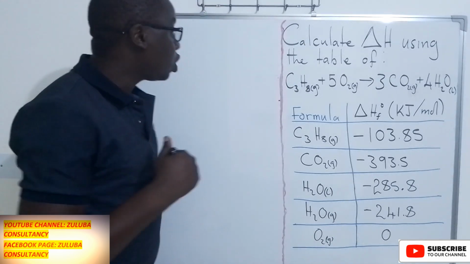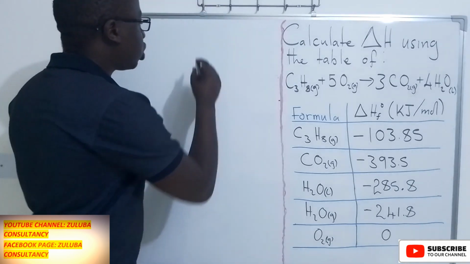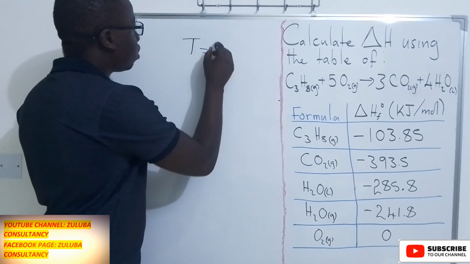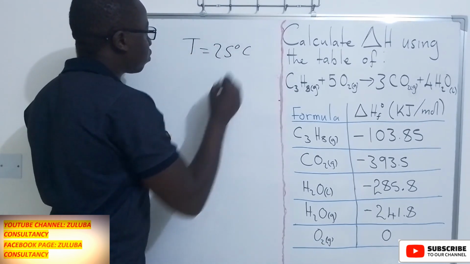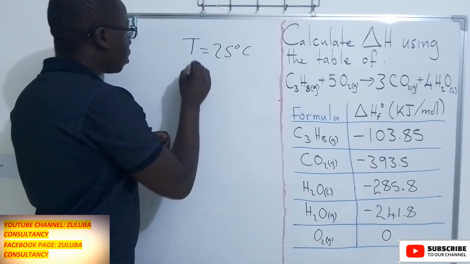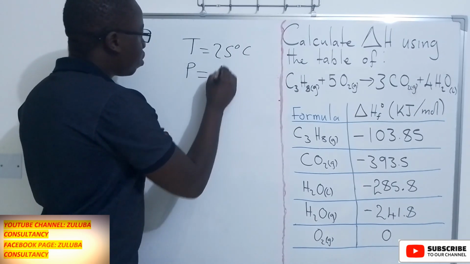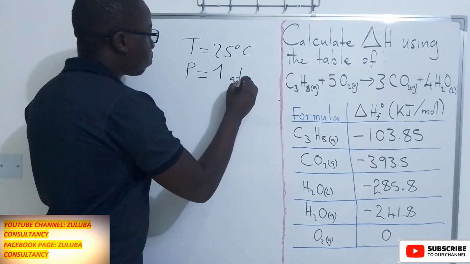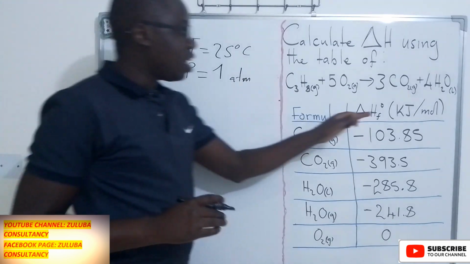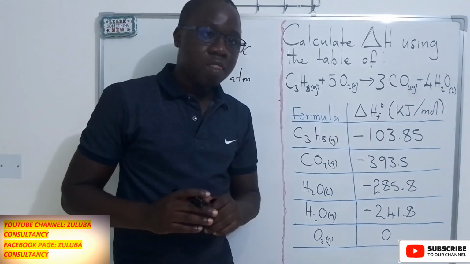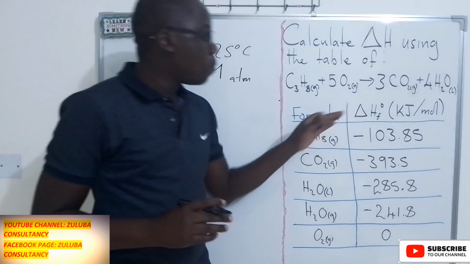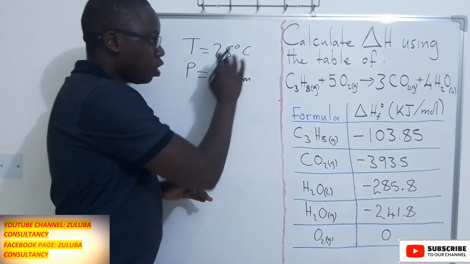The standard conditions are a temperature of 25 degrees Celsius and a pressure of 1 atmosphere. So, these standard enthalpies of formation are measured under these two conditions.